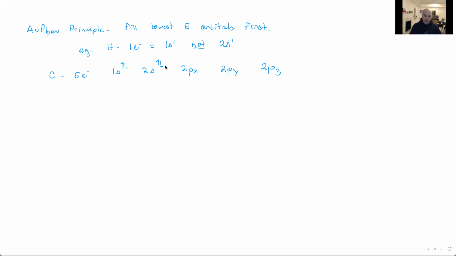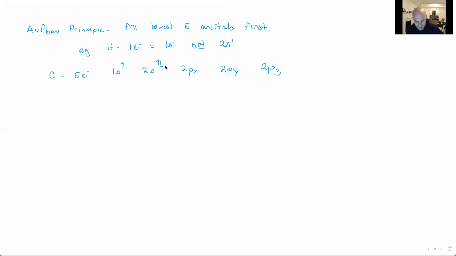There's a question as to how we distribute the electrons in the p orbitals, and there's another rule that we can follow, and that's Hund's rule. And Hund's rule says that you fill degenerate orbitals before doubling them up. And by degenerate in this context, we mean orbitals of equal energy.